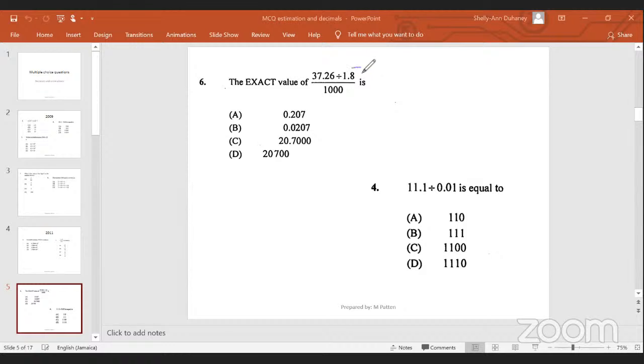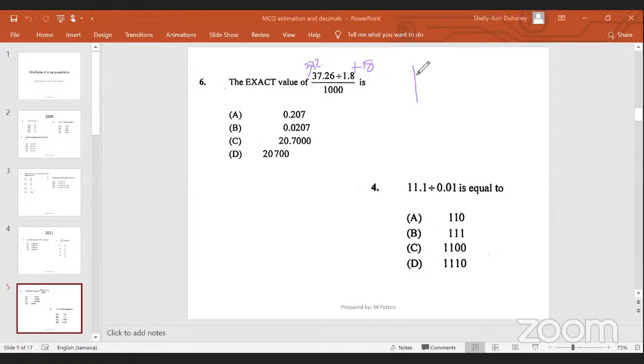So if we multiply this by 10, it now becomes 18. And since we multiply this by 10, we have to do the same thing to the dividend. So what would be the new answer? That would be 372.6. So now we have 372.6 divided by 18.